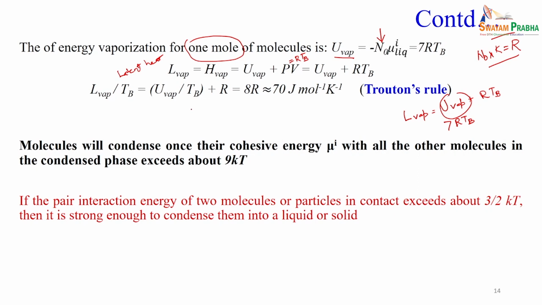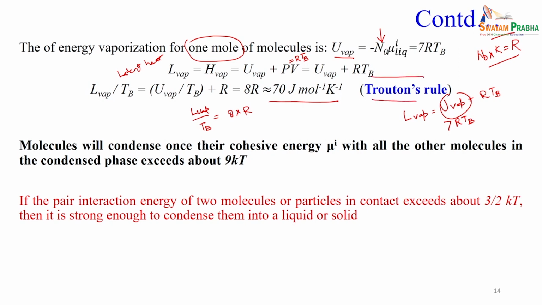Here you can simply rewrite like this: L of vaporization divided by the boiling point Tb is equal to 8 times R. R is 8.314, so it is very close to 70 joule per mole per degree Kelvin.